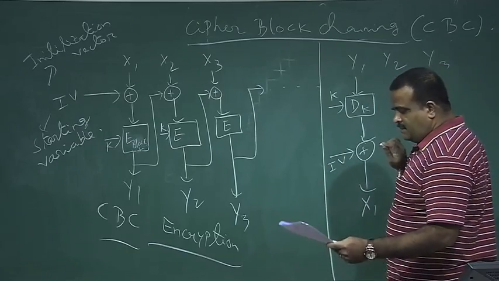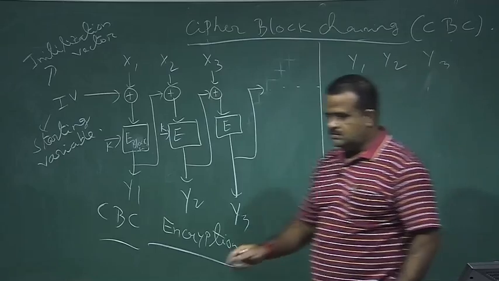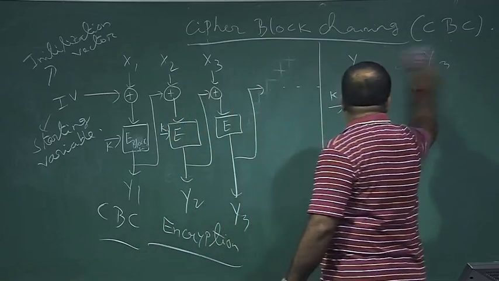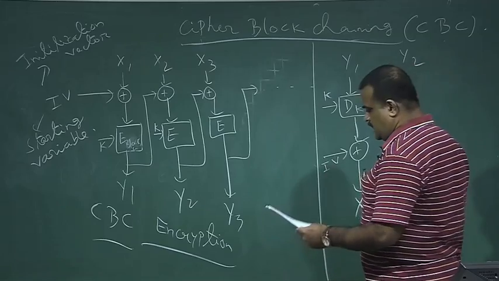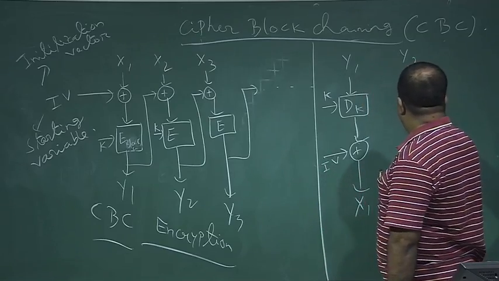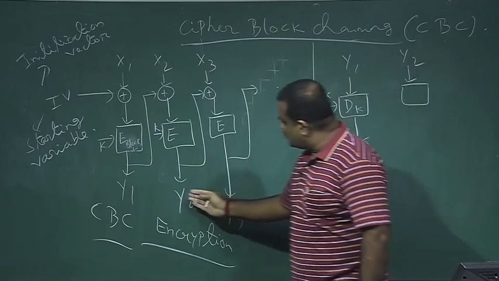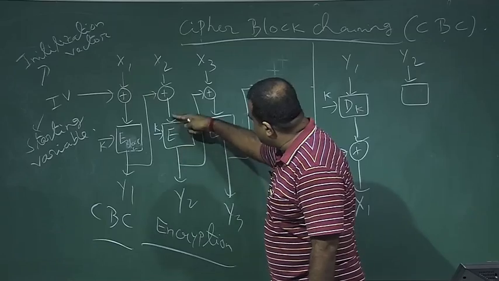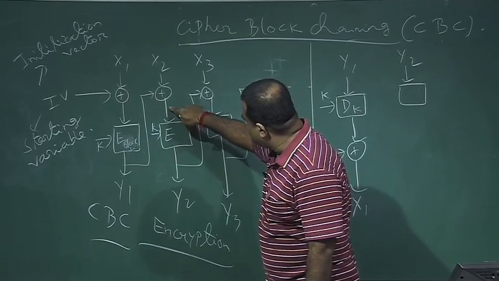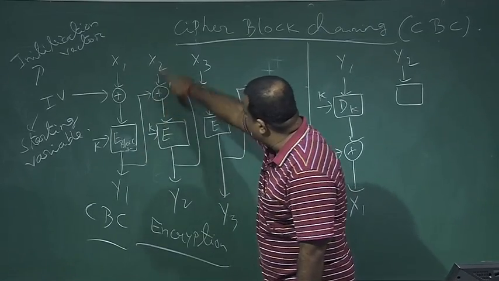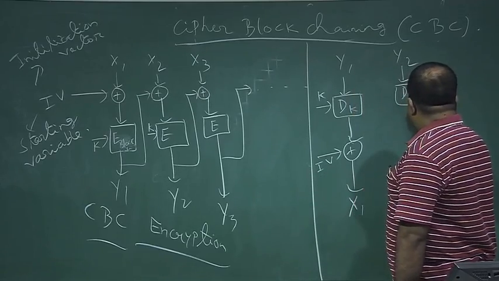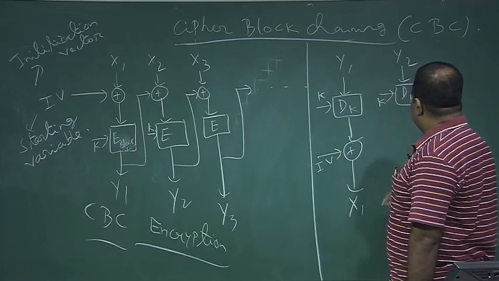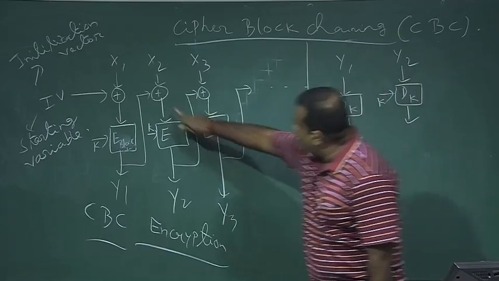And for the second block, this is Y2. So, if we decrypt it, we are here. Now, this has to be XOR with this y1 to get back the x2. So, we decrypt it using the same key. So, we reach here.